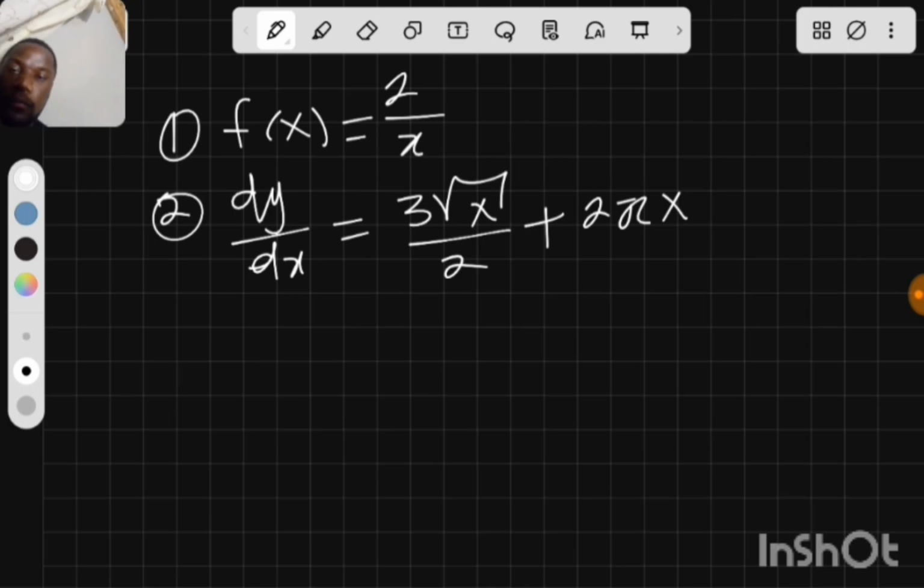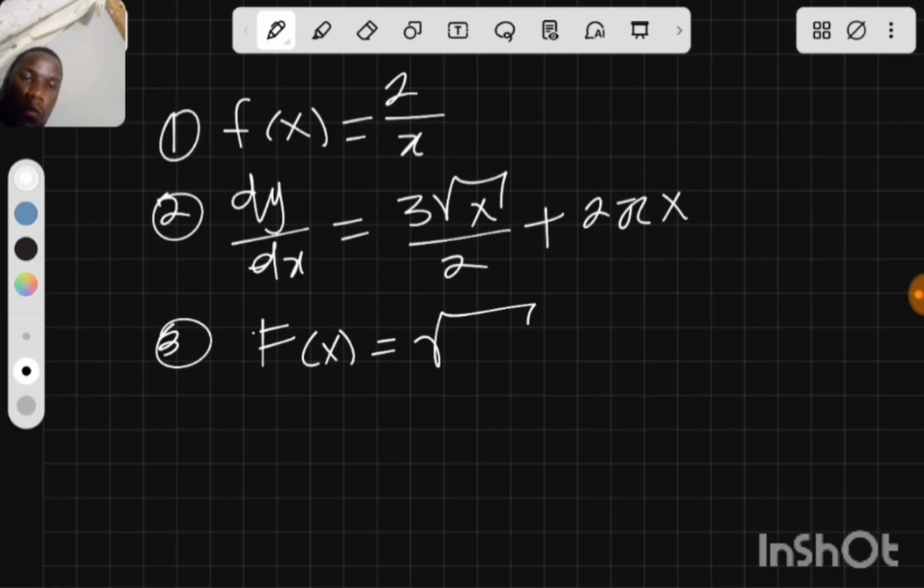And number 3, try to differentiate f of x, which is equal to the square root of x to the power 3 plus 2 the square root of 2 divided by 1.